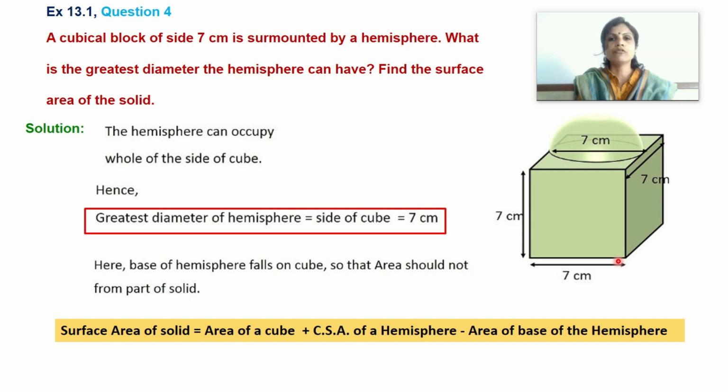So when I have to find out total surface area of this block, my formula will be total surface area of a block is equal to total surface area of a cube plus the curved surface area of the hemisphere minus the area of the base of the hemisphere. Alright, so now since we have made this formula, let's find out the area one by one.